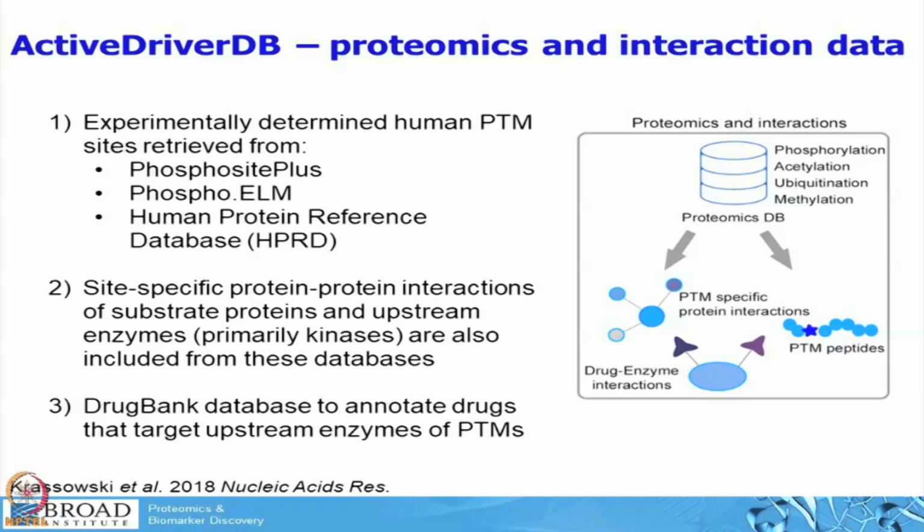It also pulls in information on enzyme interactions and PTM site-specific protein interactions. All of this information is parsed from publicly available databases and now gathered in one place. And it's a very nice, very intuitive user interface which enables everybody who doesn't have the computational skills to do these kinds of analysis.